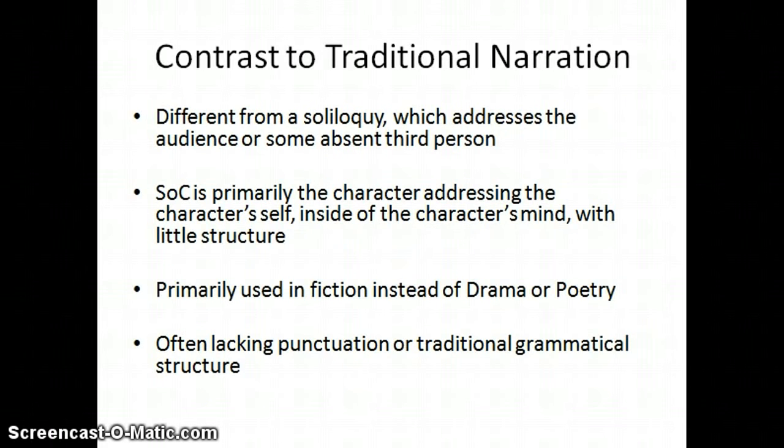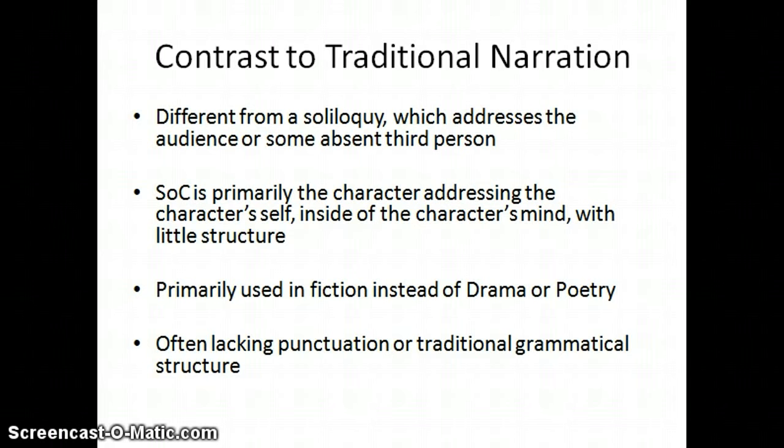This is a contrast to traditional narration, where you have a third or first person narrator who is telling what happened, whether it's in an emotional way or an objective way or whatever. Often you would get a character's perspective on the stage through a soliloquy.